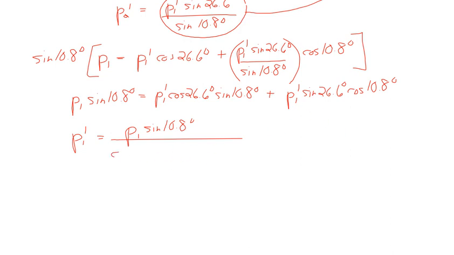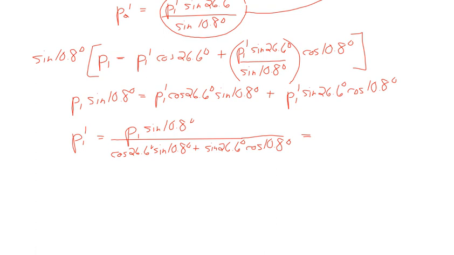So that's going to be the cosine of 26.6 degrees sine of 10.8 degrees plus sine of 26.6 degrees cosine of 10.8 degrees. Extend that line. And so plugging that in, you'll get the value for P1 prime.